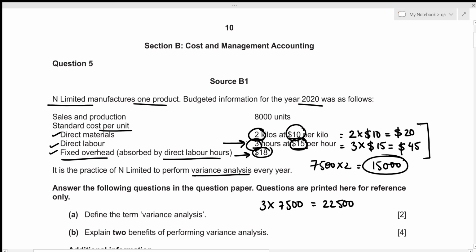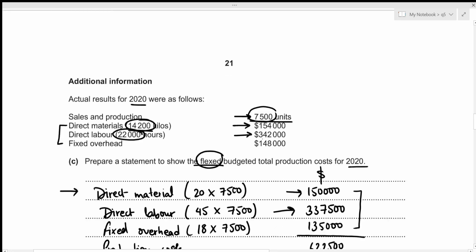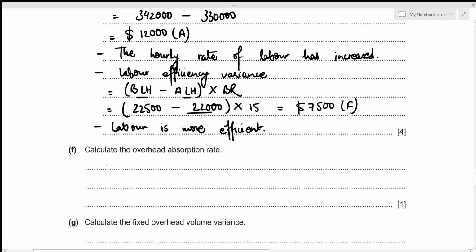So in order to figure out our overhead based on the direct labor hours, we just need to divide this 18 per unit by the number of hours required per unit, which is 3. Let's do that. So that is just the rate divided by the number of hours required per unit, which gives our overhead absorption rate to be $6 per direct labor hour.